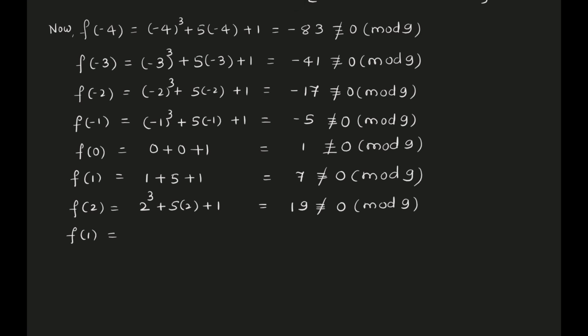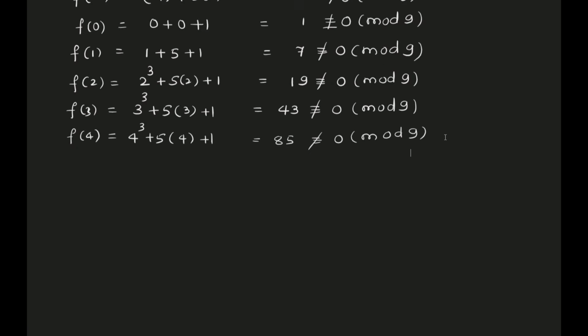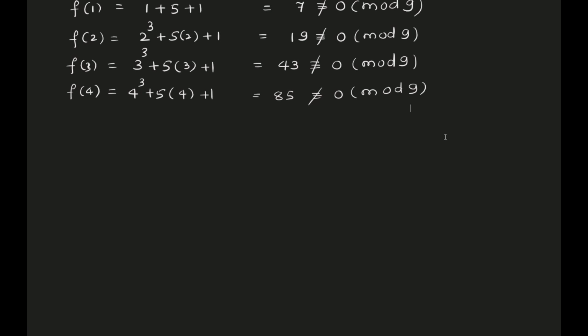For 3 it is 43, which is not congruent to 0 mod 9, and for 4 you get 85, which is not congruent to 0 mod 9. So when you observe, all the values from minus 4 to plus 4 we put in the given polynomial, and for none of the values did we get a solution.